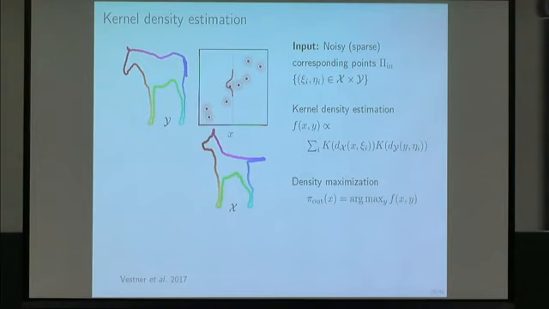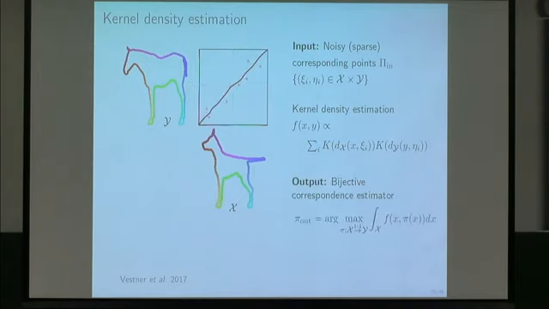Then we find the best bijection that maximizes this density. If we discretize this continuous setting, it is exactly the energy that we are minimizing for a single iteration of the filter. This fitting of a bijection that maximizes the density can be interpreted as a maximum likelihood, but basically this is our projection onto the space of permutations.